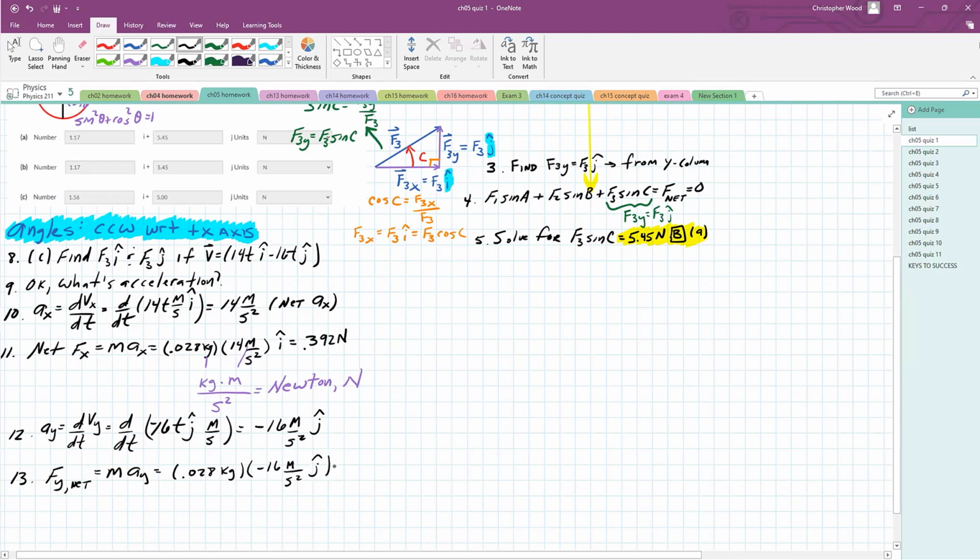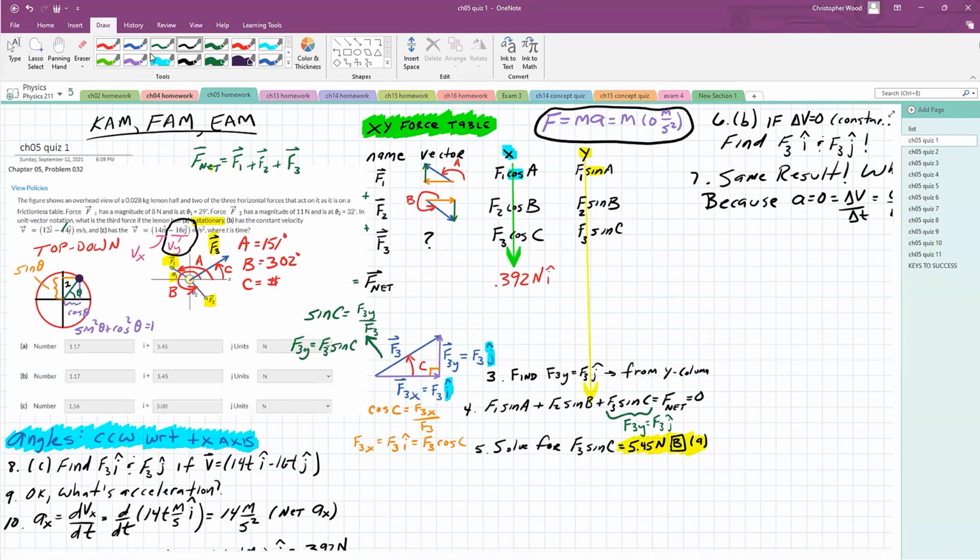When I multiply 0.028 times negative 16, I get negative 0.448 newtons in the J hat direction. Correct. All right. I'm going to go back up here, and this equals negative 0.448 newtons J hat.